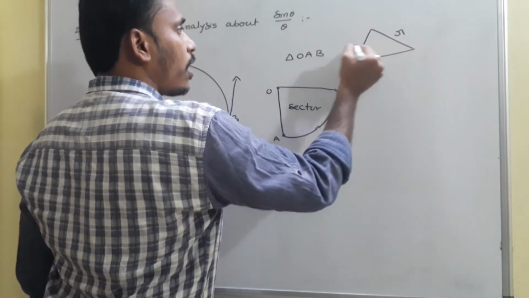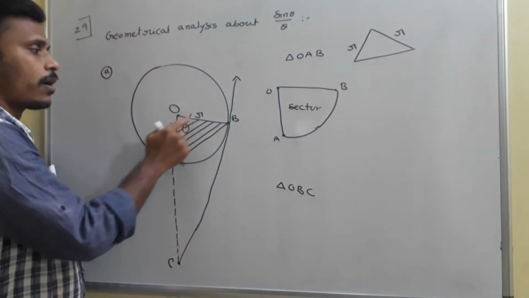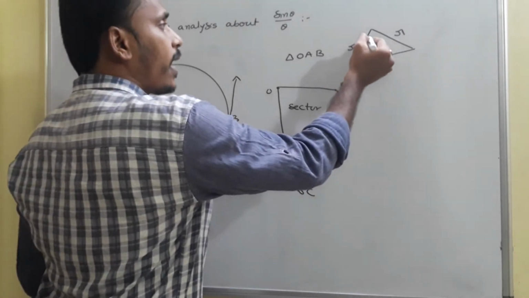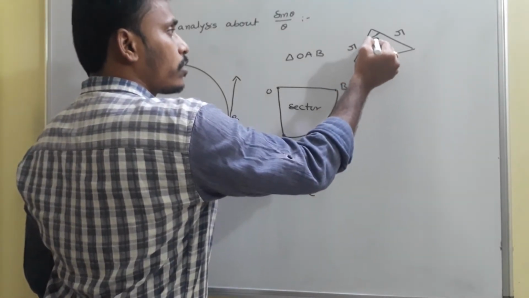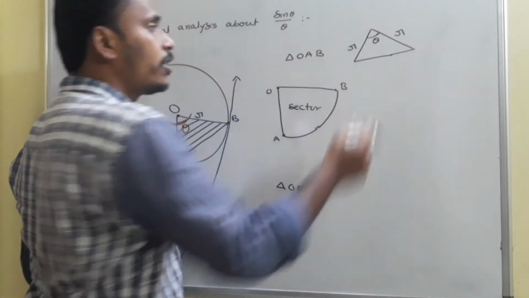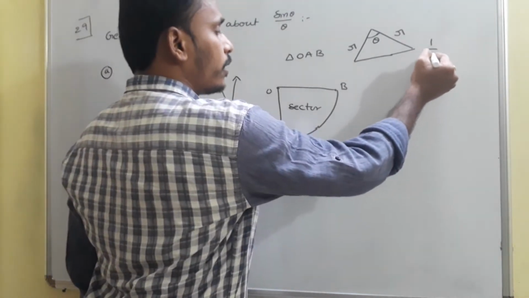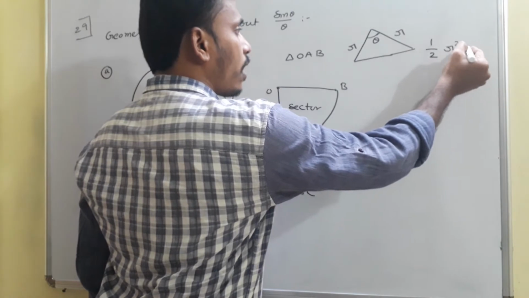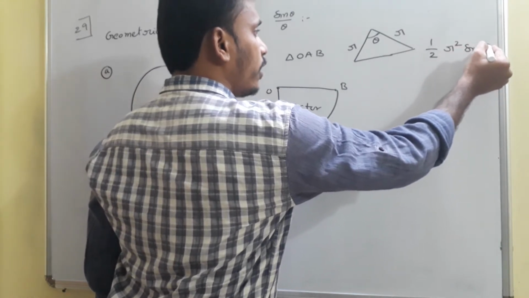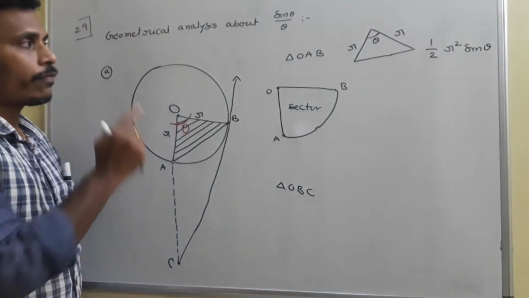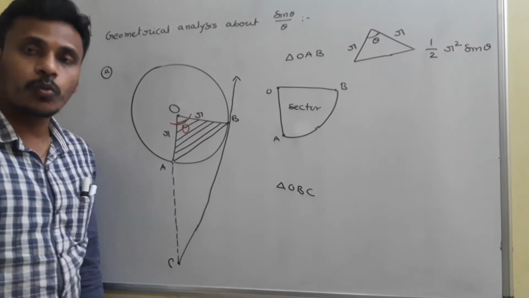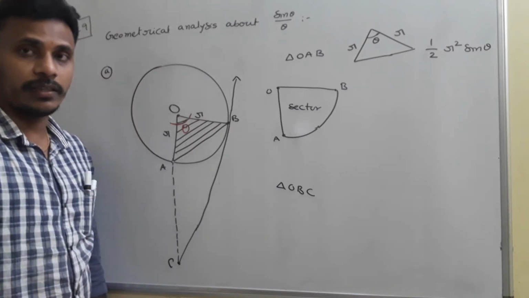This is radius R, this is radius R, and the central angle is theta. From trigonometry, the area of the triangle is half R square sin theta.